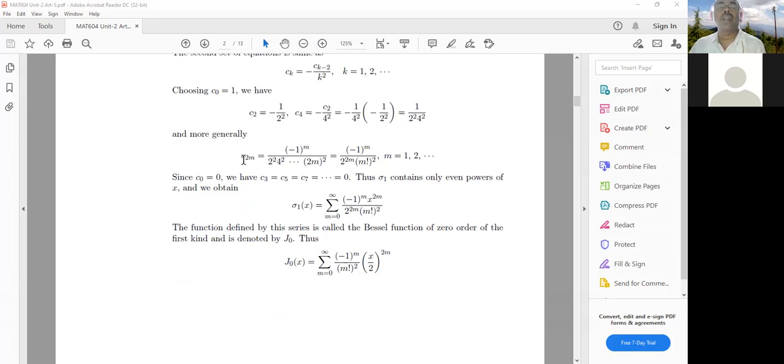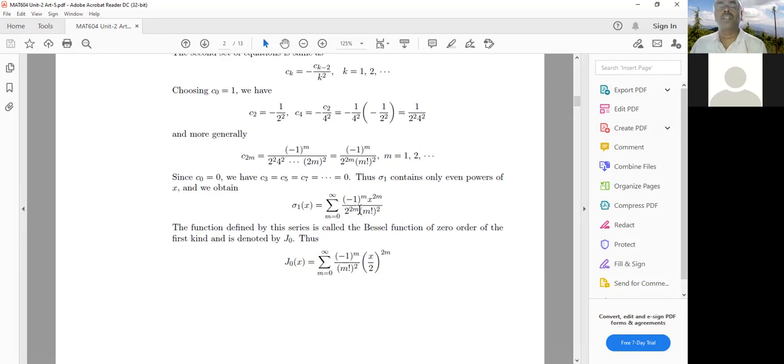And more generally, we write this coefficient which has even suffix. So on the same line here, you have to write this C. Now, as C1 is 0, all these coefficients with odd suffix are 0, and these coefficients are not equal to 0 provided that the suffix is a multiple of 2m, and therefore we can have even powers of x.